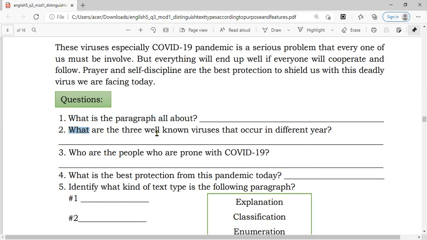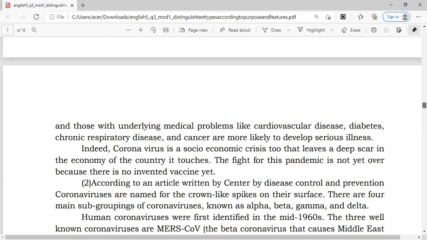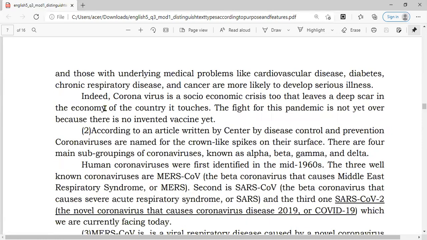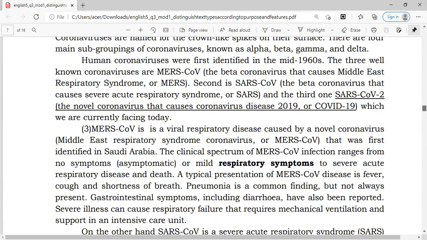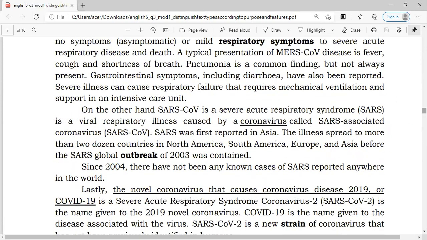And then number two, we will examine or study our selection paragraph by paragraph. We have here four paragraphs. First paragraph, the second paragraph, and then the third part, and then the fourth part.